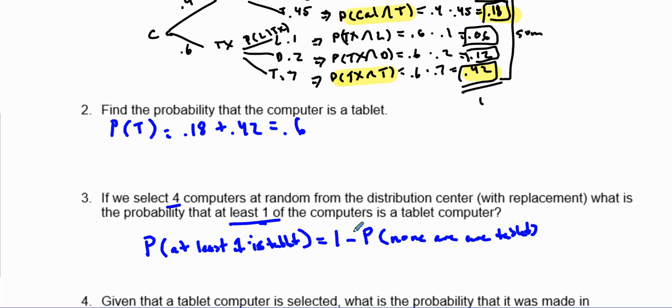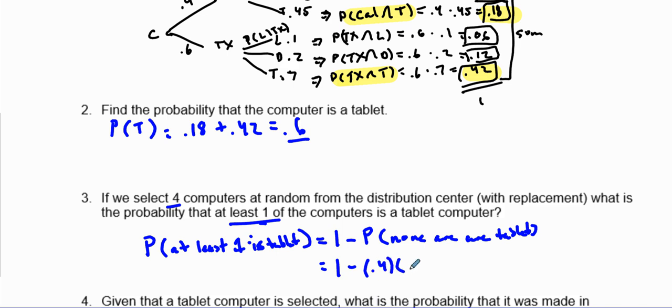To figure that out, since there is replacement, the probability of selecting or not selecting a tablet computer is the same each time. Since selecting a tablet is 0.6, the probability of selecting one that is not a tablet is 0.4, the converse of that.